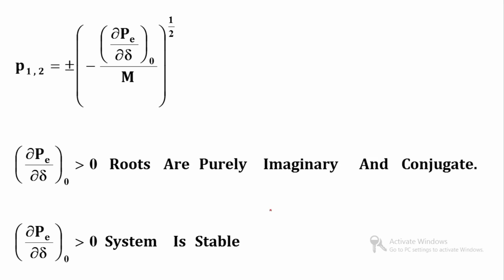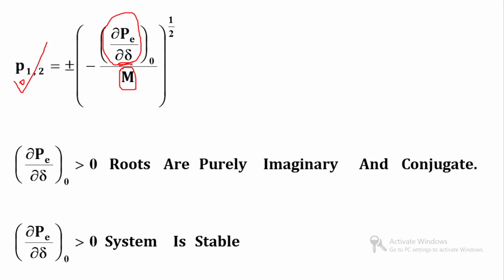Now it is possible that the root is greater than 0, less than 0, or equal to 0. But all three possibilities depend on del pe by del delta 0, because angular momentum is constant. So the nature of these roots totally depends on the change in electrical power with respect to the change in angle delta.